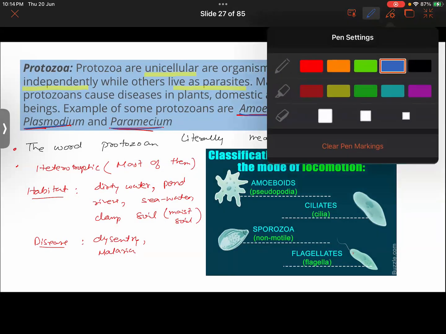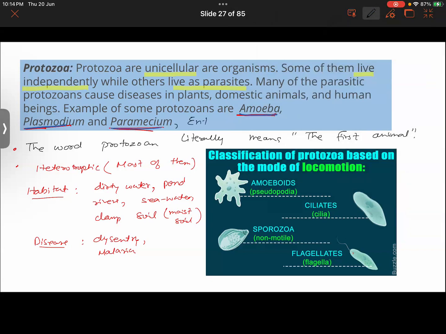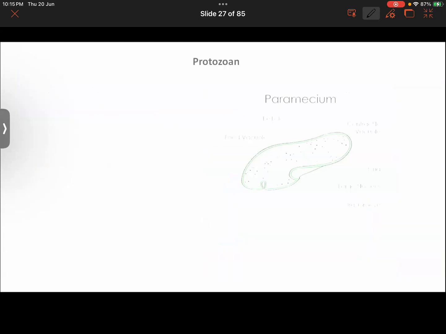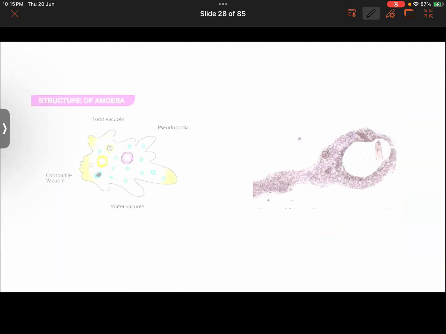Apart from this, there is also Entamoeba. So these four are the most common types of protozoa: amoeba, plasmodium, paramecium, and Entamoeba. Is that clear to everyone? Yes, sir. Good. Everyone has to remember these examples.